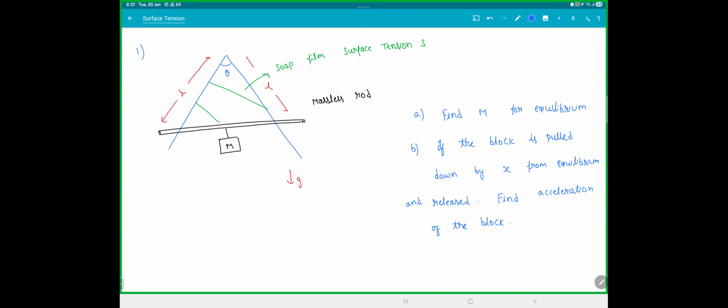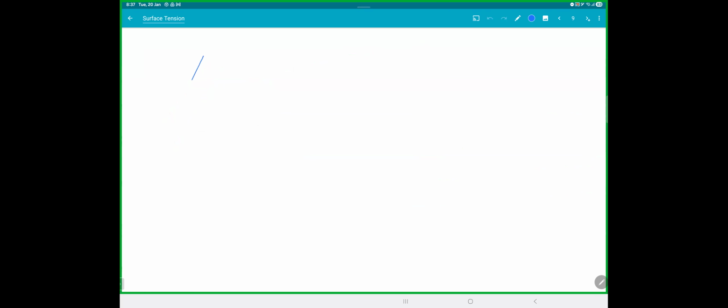Let's see. First thing. So the rod is here. Now remember in the formula S into L, L is the length of the soap film in contact. So it is just geometry here. So from here, drop a perpendicular. This angle will be theta by 2. This angle will be theta by 2.